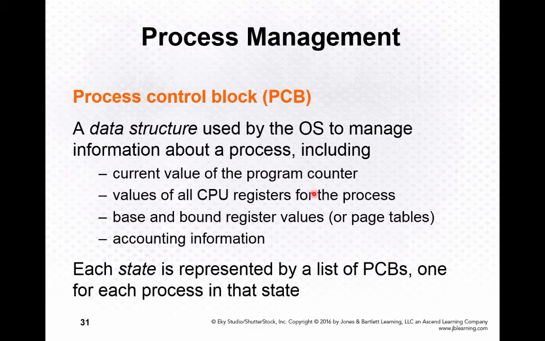So it has the current value of the program counter. It keeps the values of all the CPU registers for the process. Depending on which memory management scheme is being used, it keeps that information. So it might have the page tables, and it might have the base and bound register values. And also things like the priority.